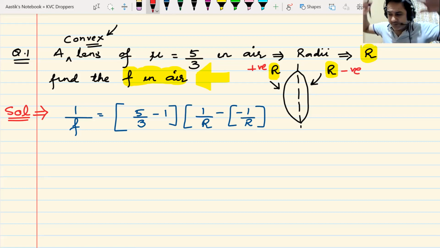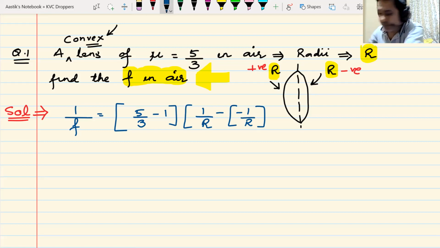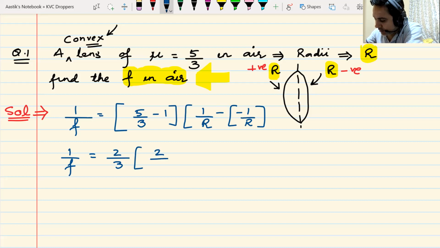Everyone with me on this? I put the values and see what is the answer. 1 by f will be 5/3 minus 1, which is 2/3, and this will be 2 by r if I solve it.